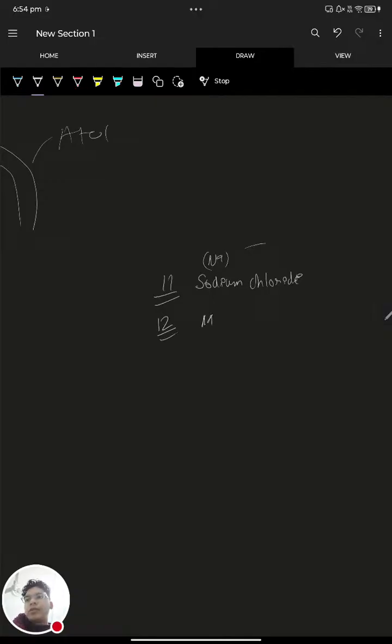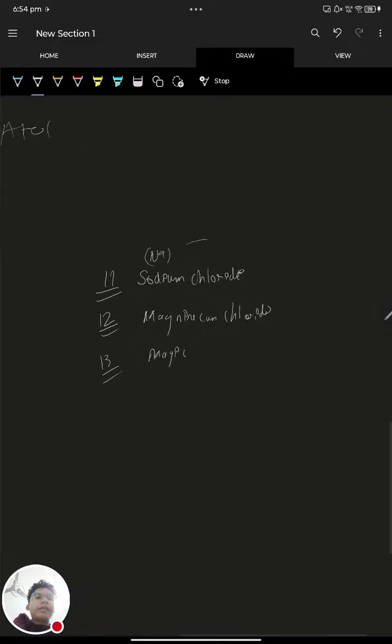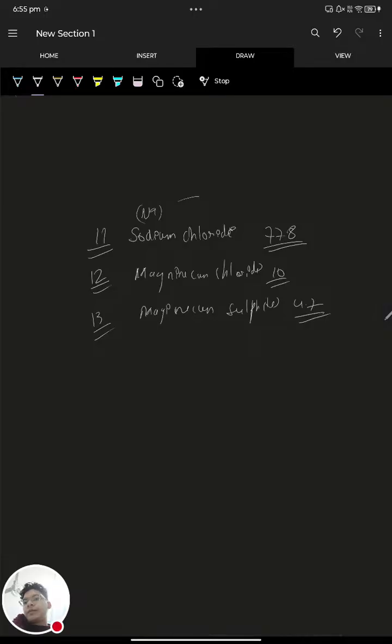Chloride comes together. Then 13 is magnesium sulfate. Sodium chloride is 77.8%, magnesium chloride is 10%, magnesium sulfate is 4.7%. Last is potassium sulfate.